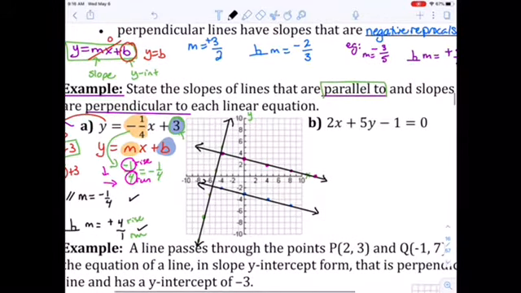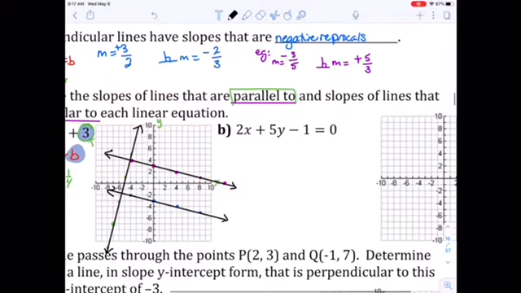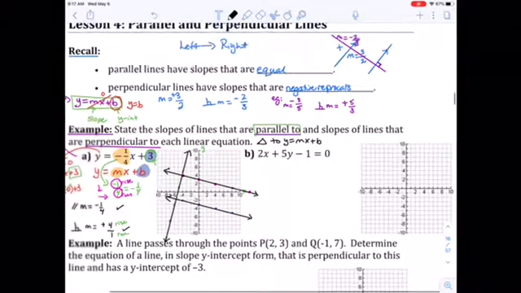Okay. The next thing I want you guys to do is pause the video, and I want you to try changing this to y equals mx plus b form. Now, why is that? Because right now it says we want to know the slopes of lines that are parallel and perpendicular to this line. This is a linear equation right here.